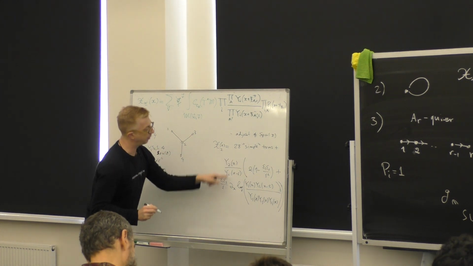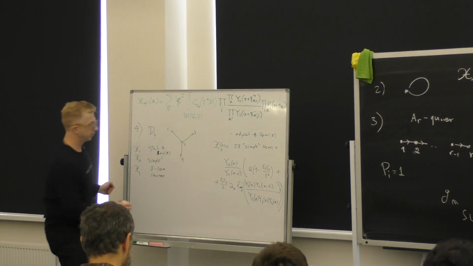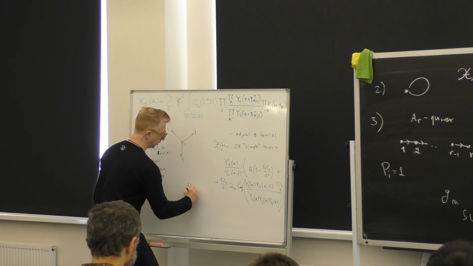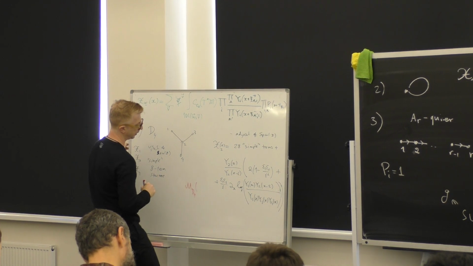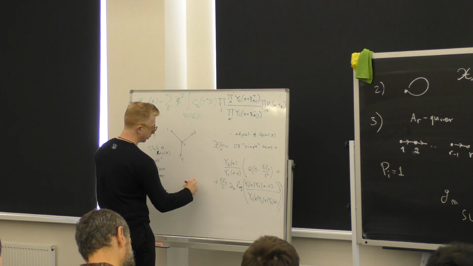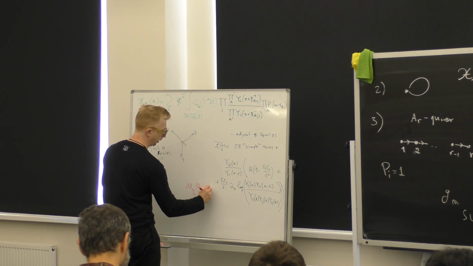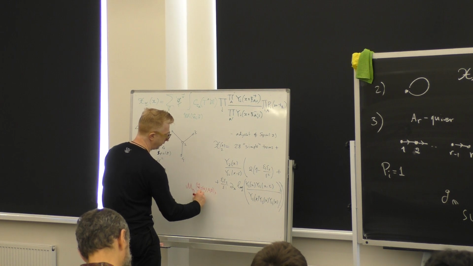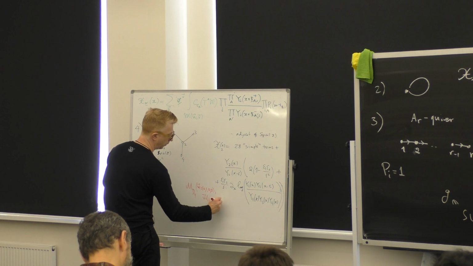And so what this term represents, it comes from the fact that inside the Nakajima variety of D4 type for the dimensions, so the W vector is 0, 1, 0, 0, and the V vector is 1, 2, 1, 1.